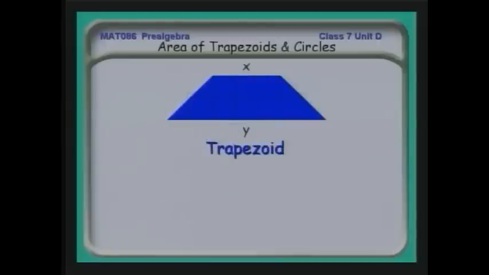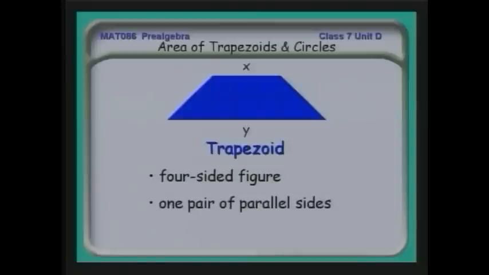But a trapezoid is something like a pyramid or a triangle with the top shaved off, so in a way you have two bases. And a trapezoid, notice, is a four-sided figure, but only one pair of the sides is parallel. The other two could go any which way.